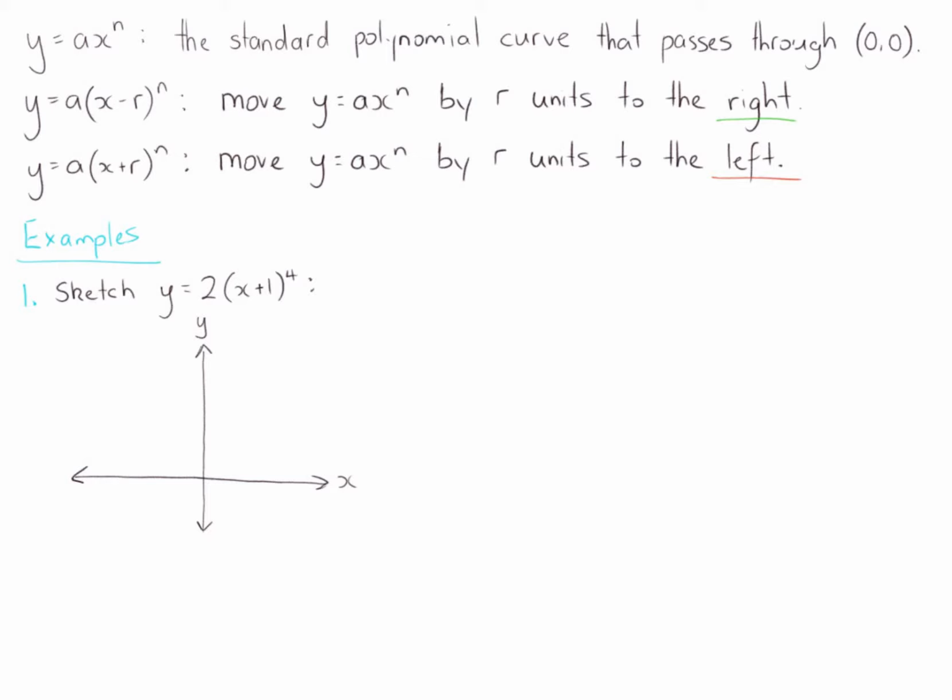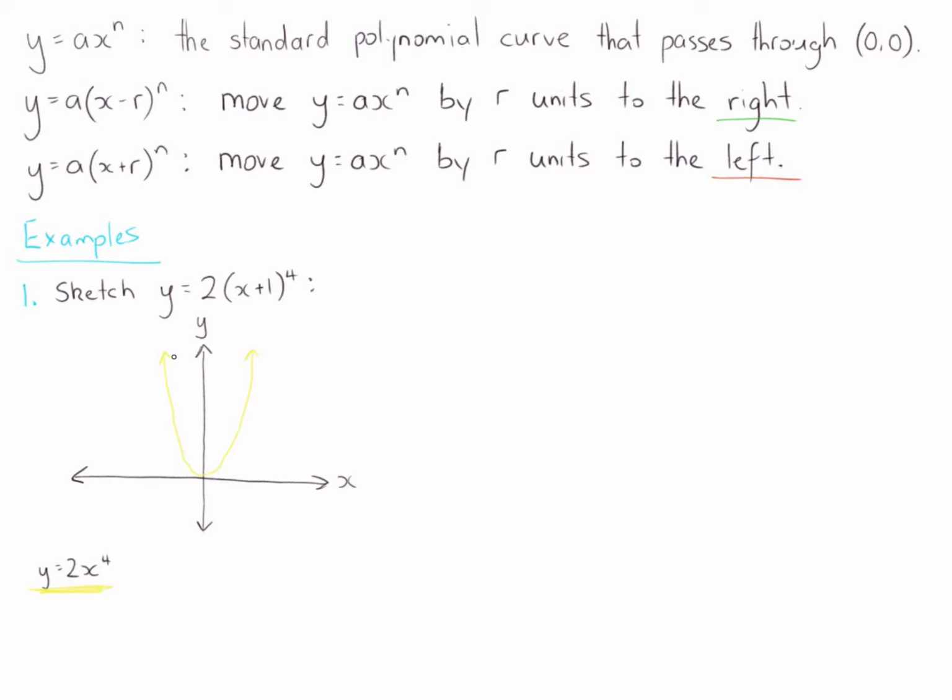Now, if we just had 2x to the 4th power, we would look at the power and say, alright, this is an even power. And the 2 out the front, that coefficient, just stretches it up a little bit. But because it's an even power, it's going to look something like this, like a parabola. Okay, so I've done that one in yellow, but that's not what we have to sketch.